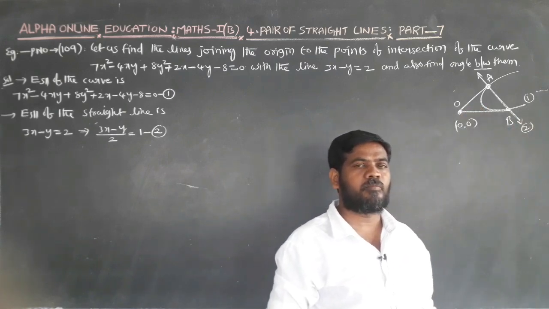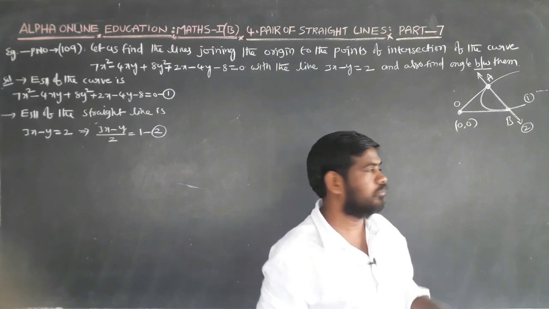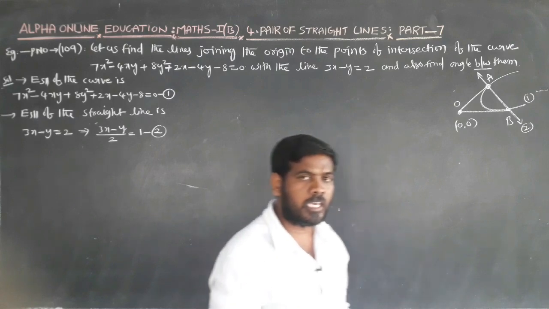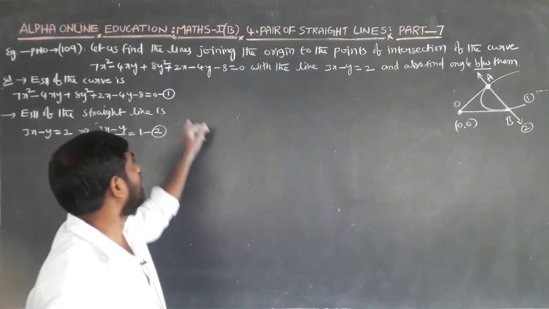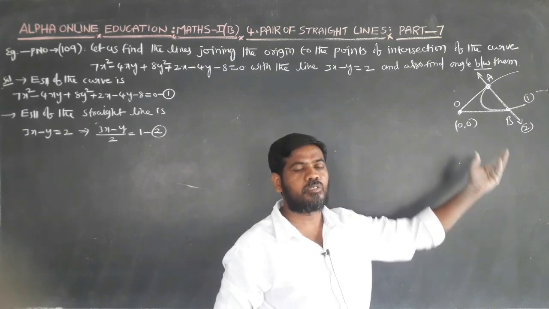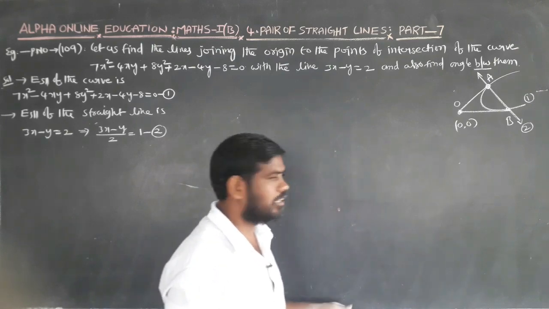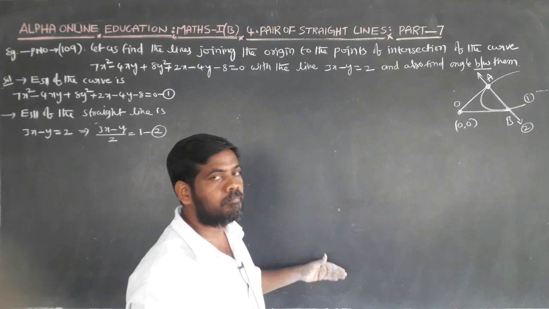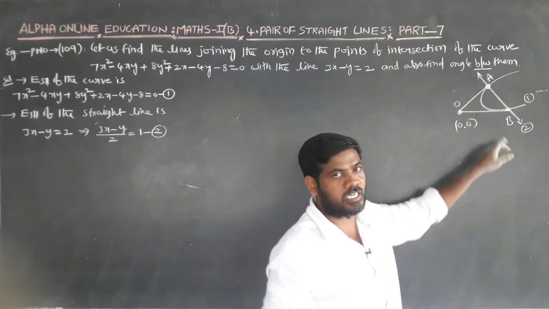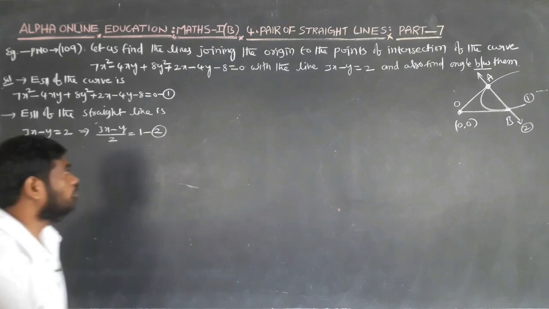First of all, find the equation of the straight lines OA and OB. Homogenize the curve with the help of the line, and the simplified equation represents a pair of straight lines OA and OB.